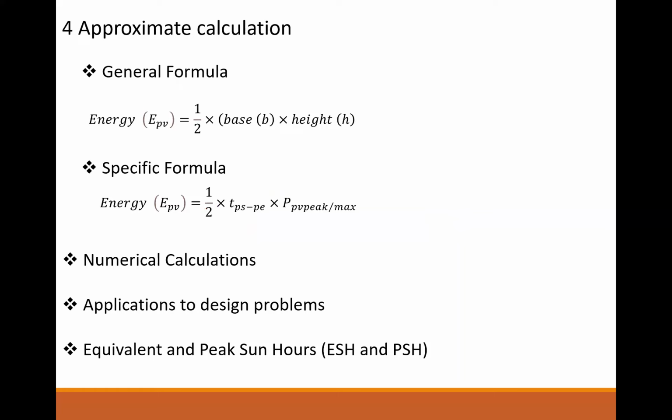So that time, if we have to have a rectangle, we must equate our graph to have time, which is called the equivalent or the peak sun hours, ESH and PSH. In the next lecture, we'll look at the numerical calculations, application to design problems, and also the ESH and PSH to move on to another stage in building up the knowledge.